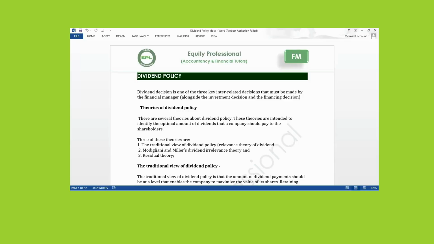There are three theories that discuss dividend policy.